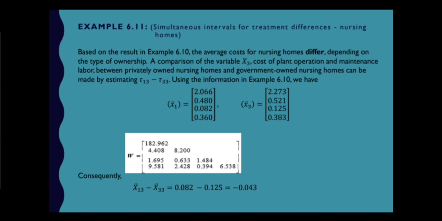Okay, so you just boleh ambil daripada mean vector for first population and the third mean vector, ataupun mean vector for the third population, which is the government. So kenapa yang ambil kat sini? Sini because 0.082 and 0.125 adalah mean for third variable cost of plant and operation tadi.